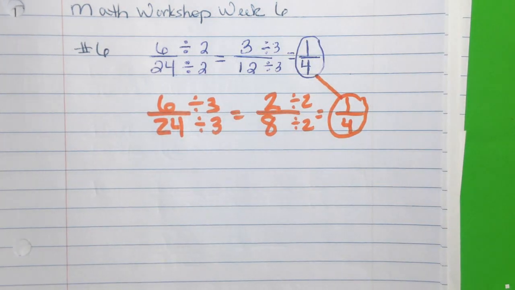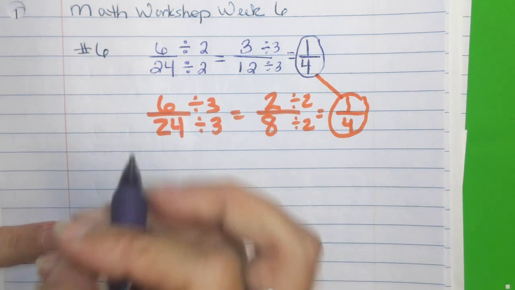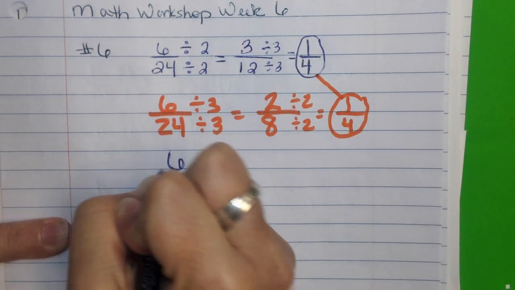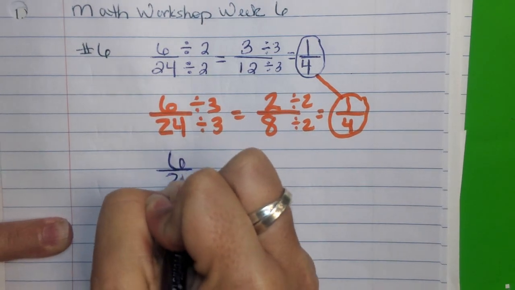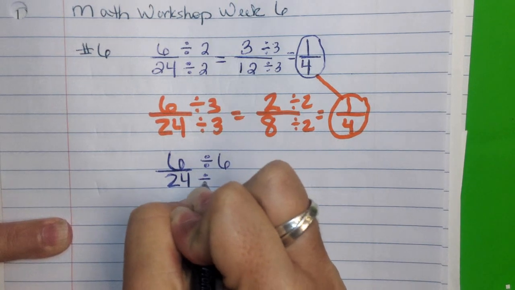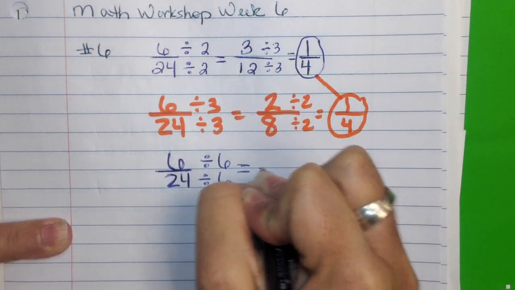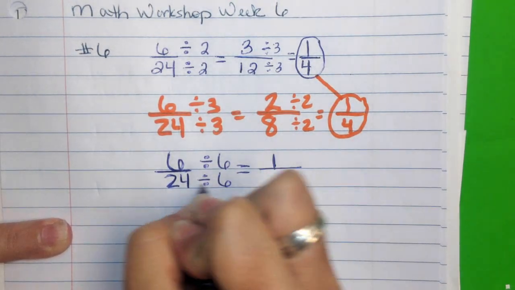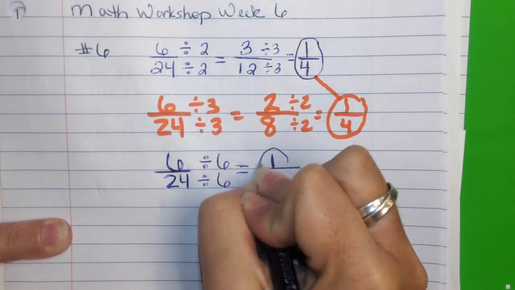Then I heard, because y'all are awesome, one other person say this. Someone else said, but Miss Donahue, I see that I can simplify by 6. And they got 1 and they got 4.